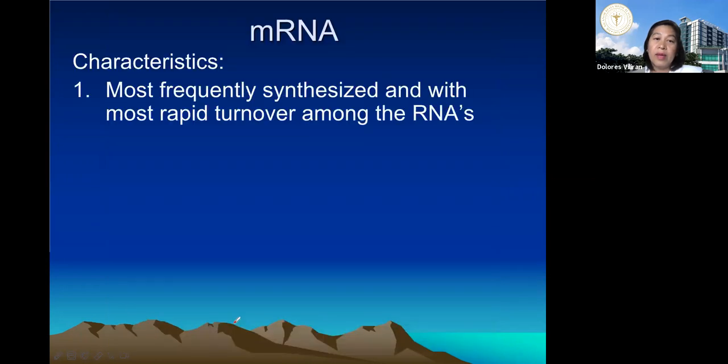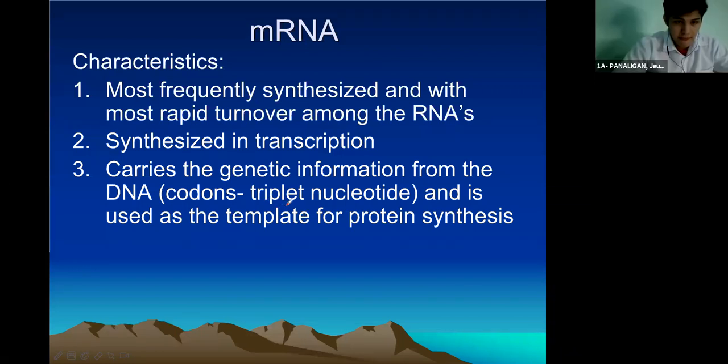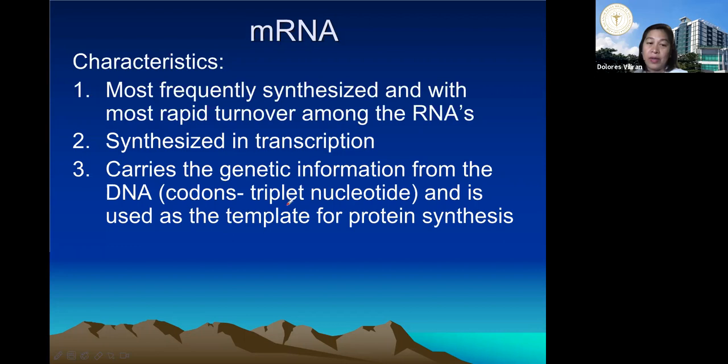So again, mRNA is the most frequently synthesized with the most rapid turnover among the RNAs, synthesized during transcription, and it carries genetic information from DNA as codons. So how many nucleotides do we have in a codon? You have a triplet nucleotide, meaning 3 nucleotides in a codon.